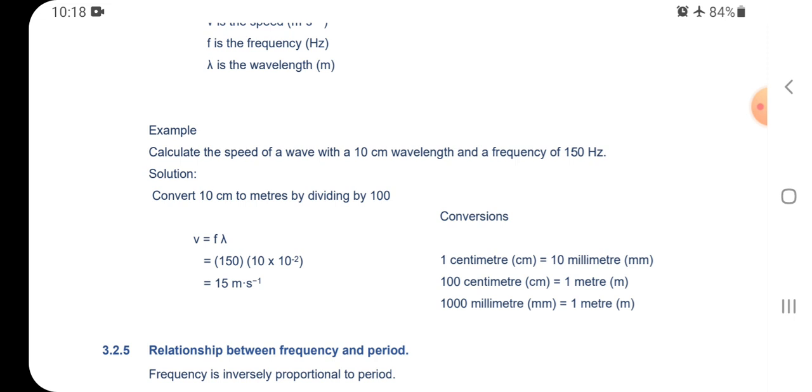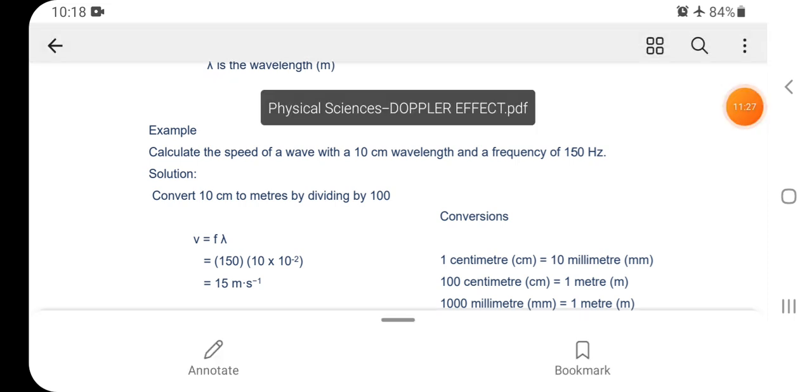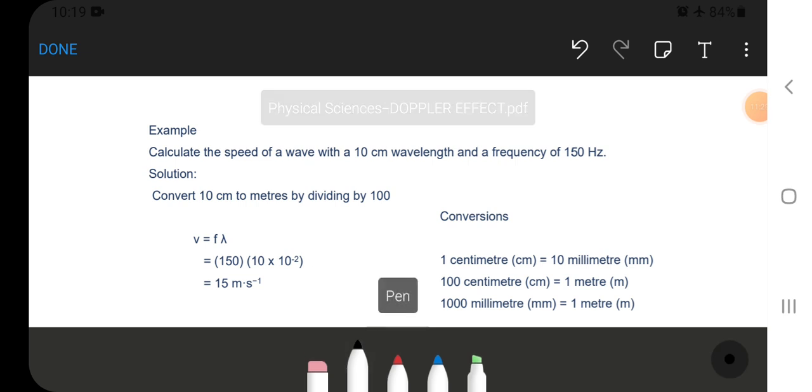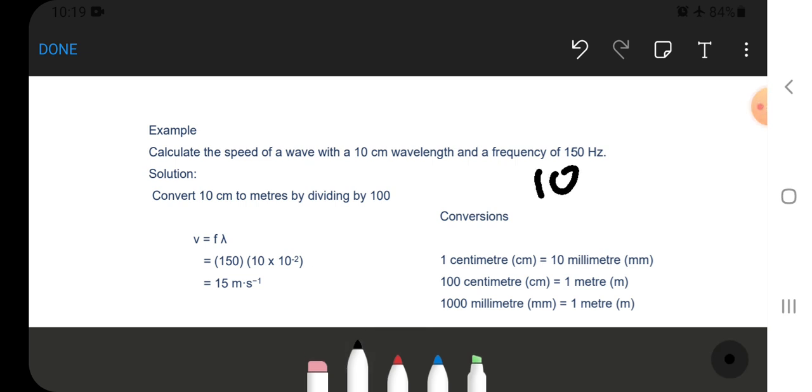So when we say 10 divided by 100, converting centimeters into meters, we get 0.1.